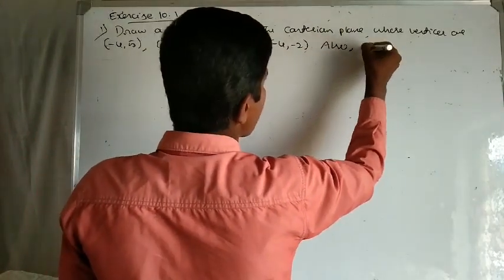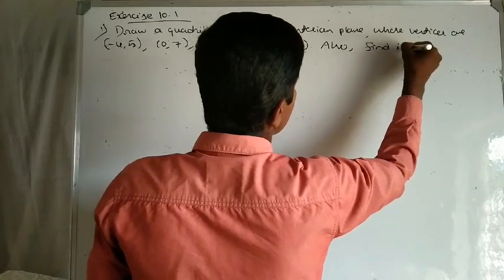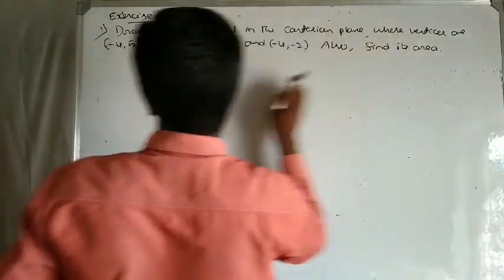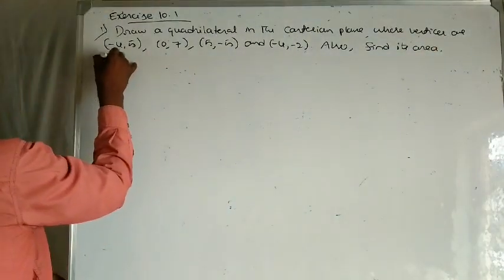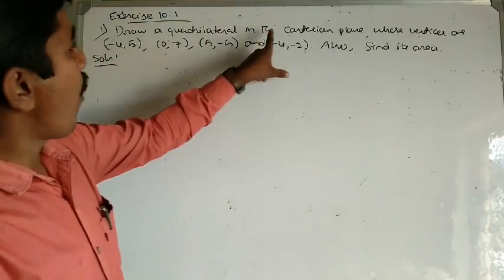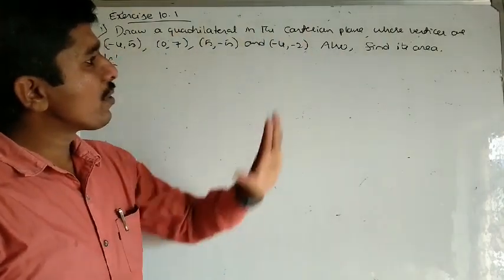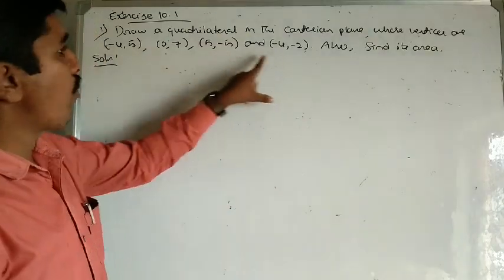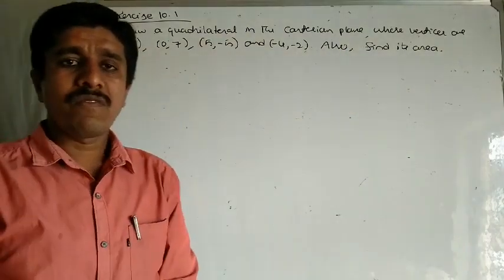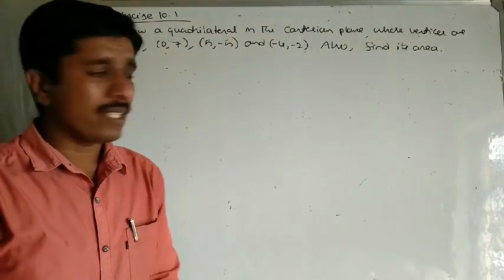Also find its area. Draw a quadrilateral in the Cartesian plane whose vertices are given here. Here we have 4 vertices, and also find the area of the quadrilateral.